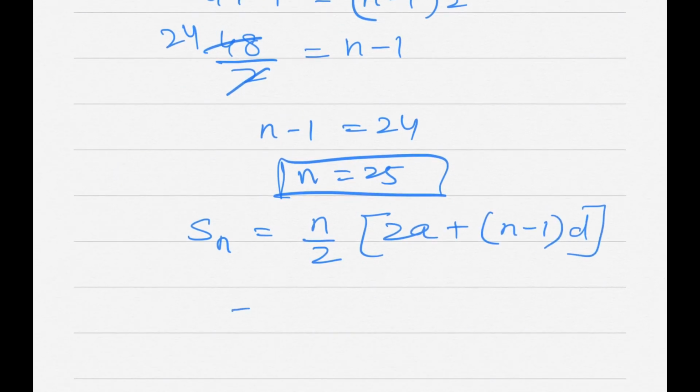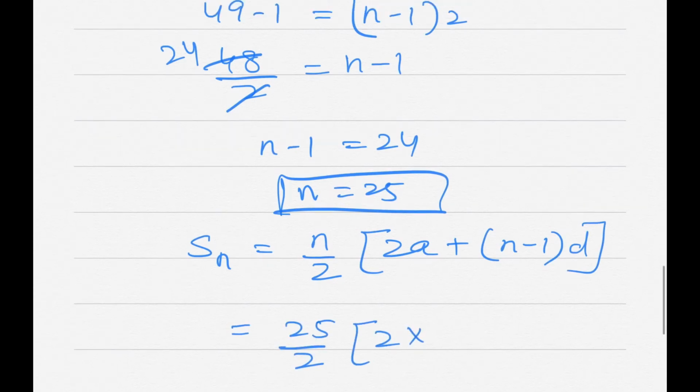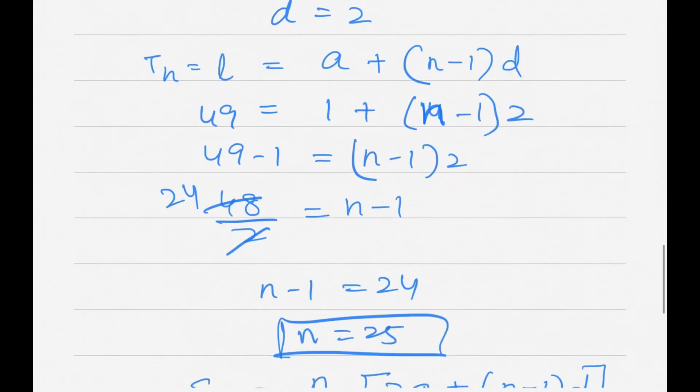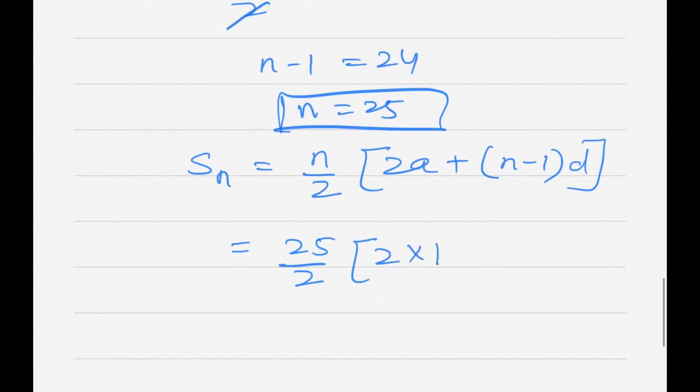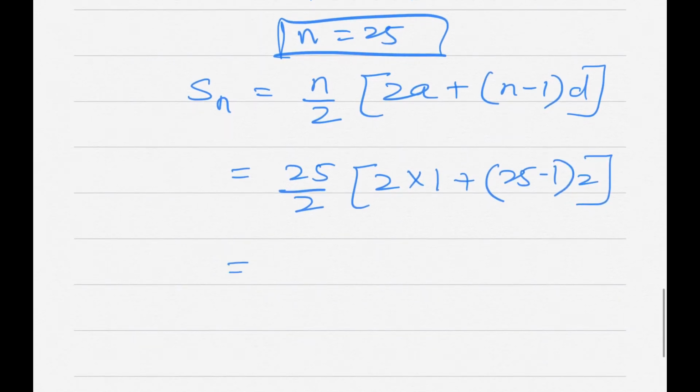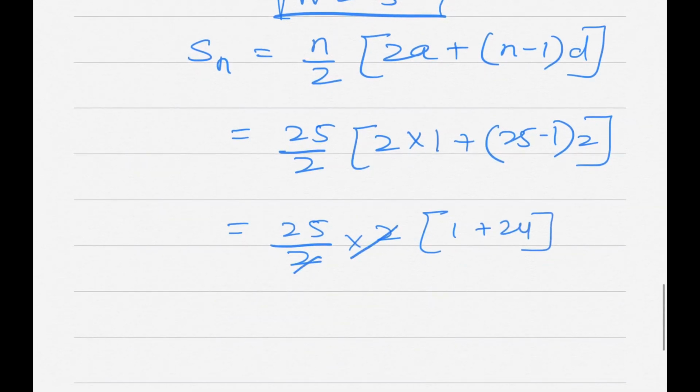So the sum is equal to 25 by 2 into 2 into a, which is 1, plus n minus 1 into d, which is 2. n was 25, right? I can take 2 common: 25 by 2 into 2, here I'll remain with 1 plus 24. The 2s get cancelled, so I get 25 into 25. So this gives me 625.